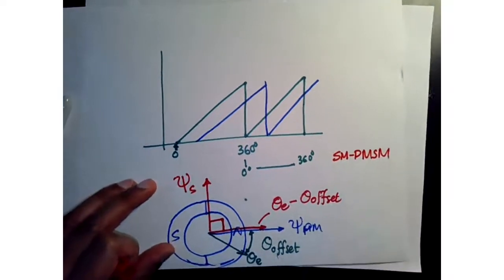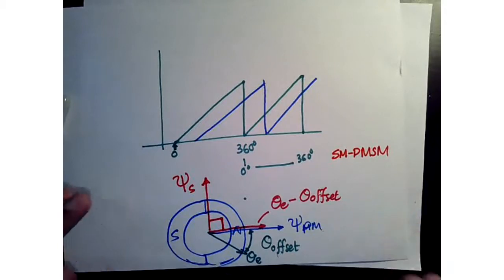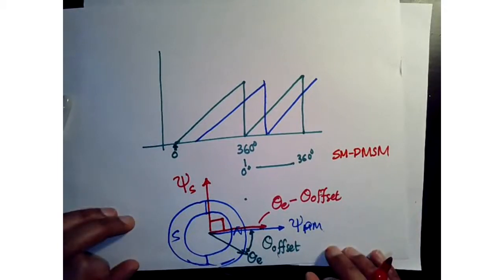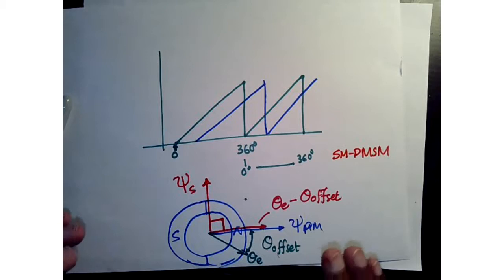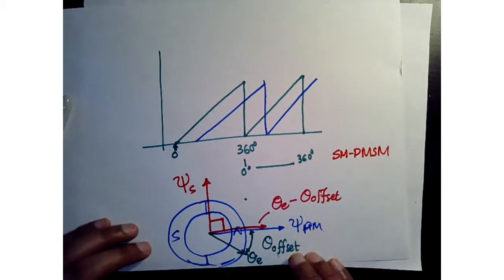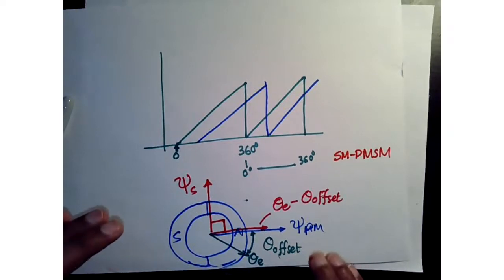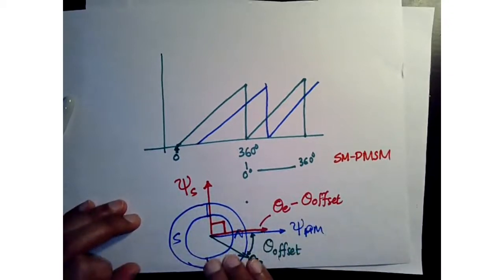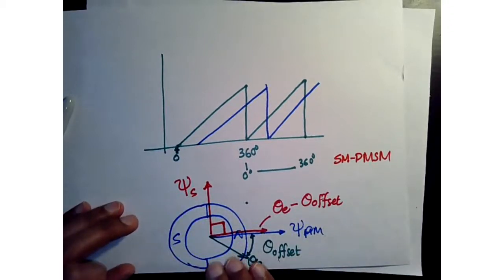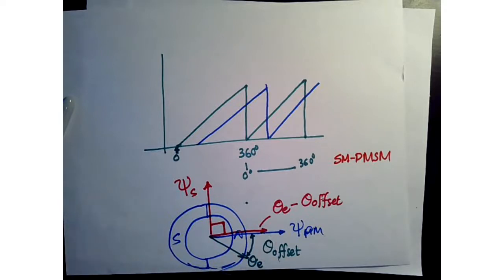No compensation, no correction as of now, just assuming an ideal system. This will give us optimal torque from the machine. We are not wasting any energy in this case. Is that clear? You understand the idea behind it? So that's the point of view of what we are trying to do with field-oriented control.